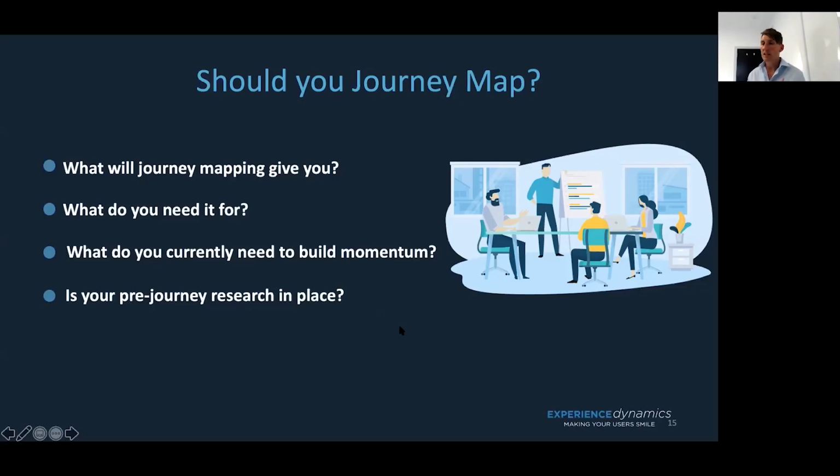The other question is, do you have pre-journey research in place? Because to do journey mapping, and you've heard me sharing those examples, imagine if I shared those examples with you without the research. In other words, stories that I made up in my head instead of stories that I heard directly from the customer. What kind of difference in that journey map would that be?